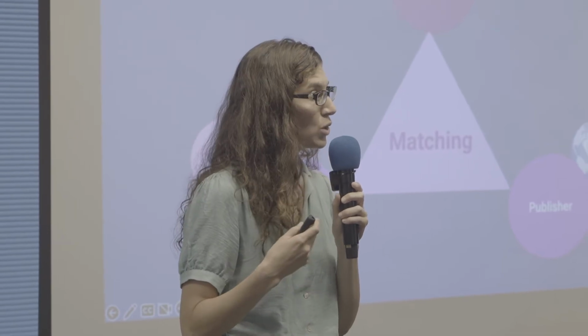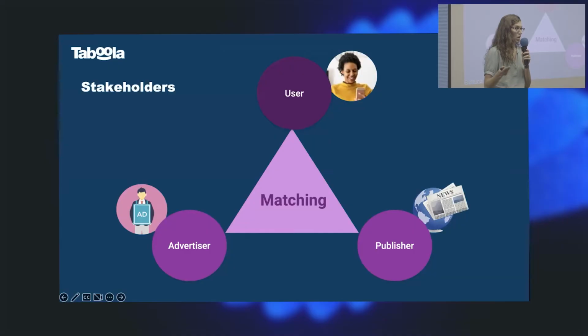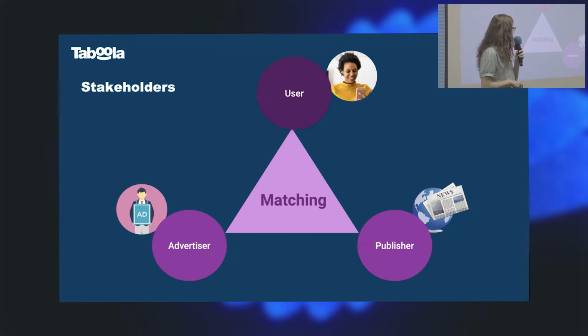And we are a big source of revenue for the publisher, so they can create good content for you. And the publisher also wants their users to see items that make them feel comfortable and safe and that will fit their brand. So this is what the publisher wants.